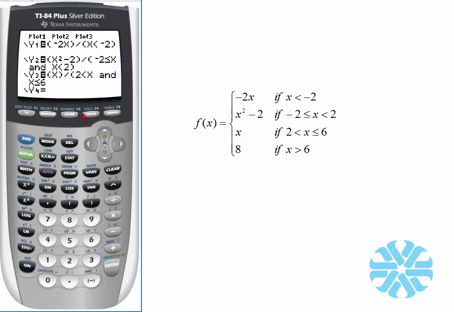Again, we have to close this with a right-hand parenthesis, and then we'll move down to our last piece of the function, and that just says 8. So again, the 8 is within the parentheses.